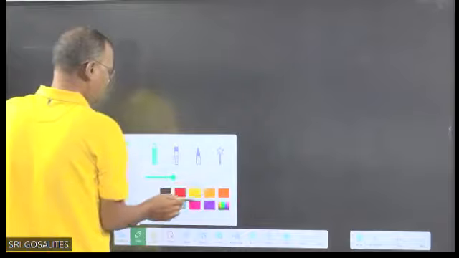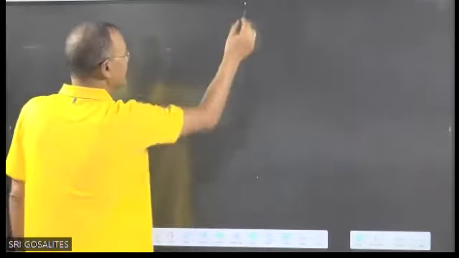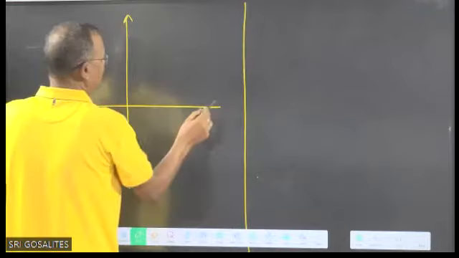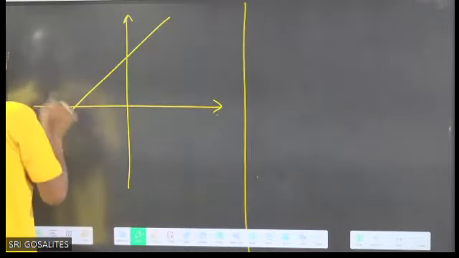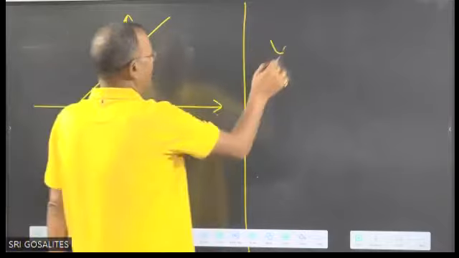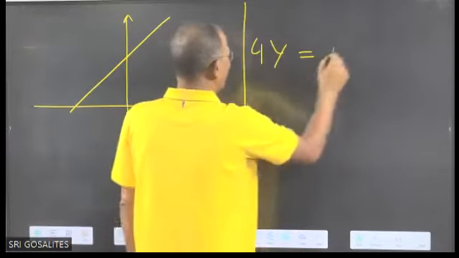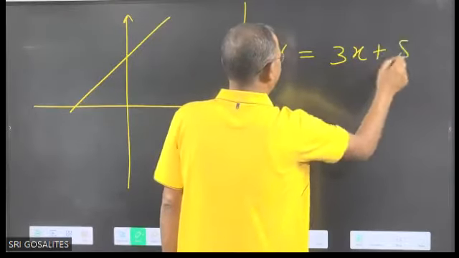Fine. Come on, bachcho. So here is a question for you all. Suppose I have a line. Its equation is 4y is 3x plus 8.